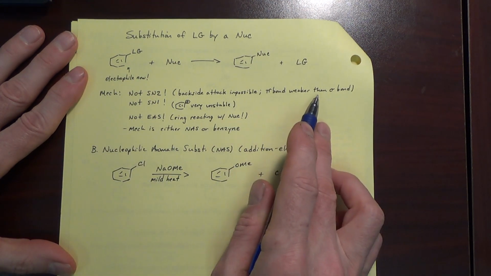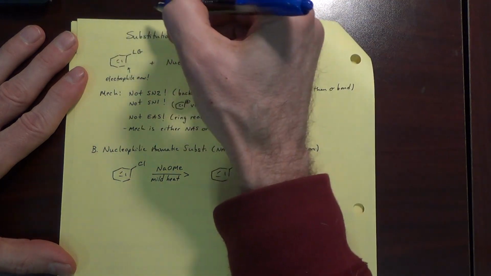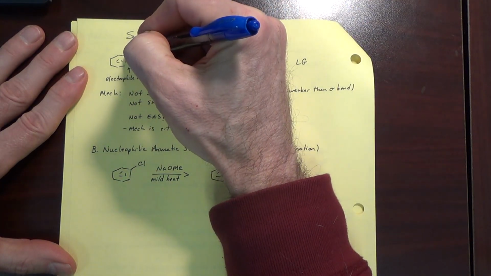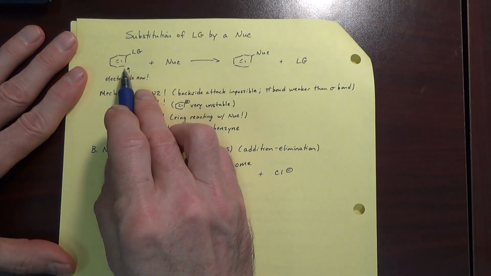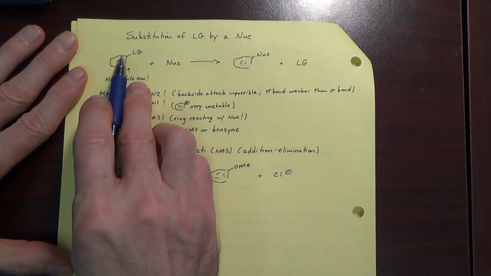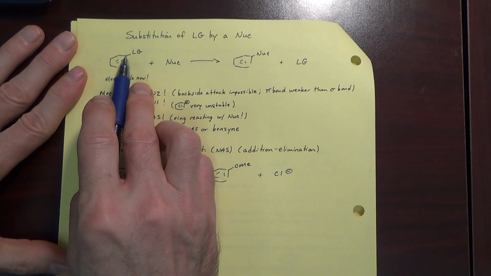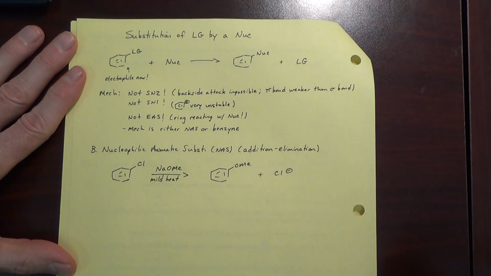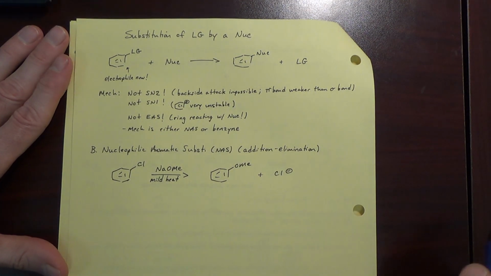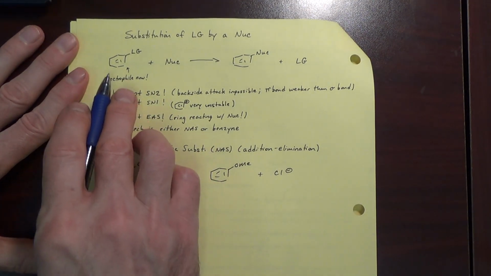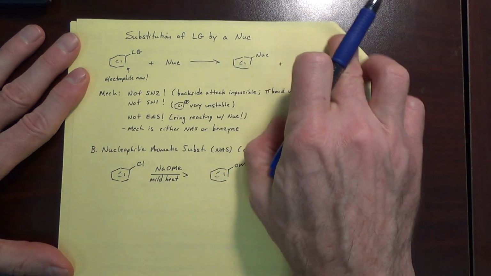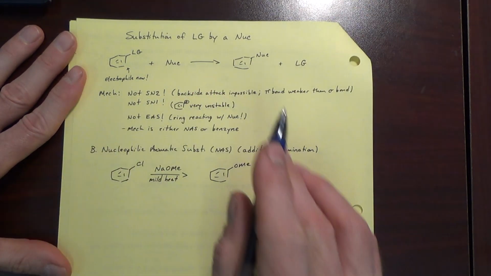But more importantly, if we were to have a nucleophile come in here and add to this carbon, the pi bond would be broken, the weaker pi bond would be broken before the stronger sigma bond to the leaving group. So you're just not going to do an SN2 here to get to this product.